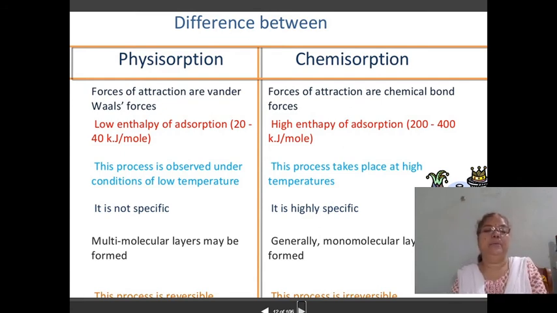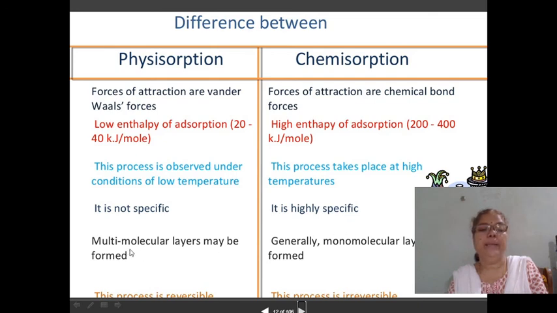And the next point, that is the process is observed under conditions of low temperature. Here physisorption or physical adsorption is observed under the conditions of low temperature, while in chemisorption this process takes place at high temperature. Then physisorption is not specific, and chemisorption is highly specific.